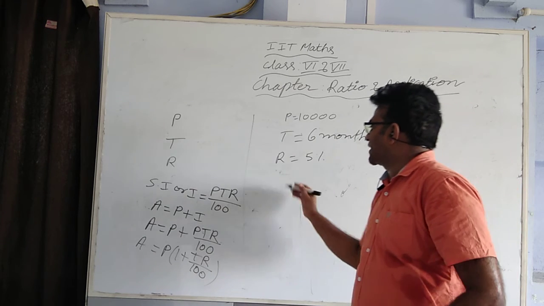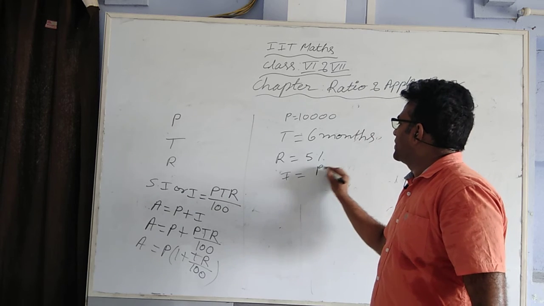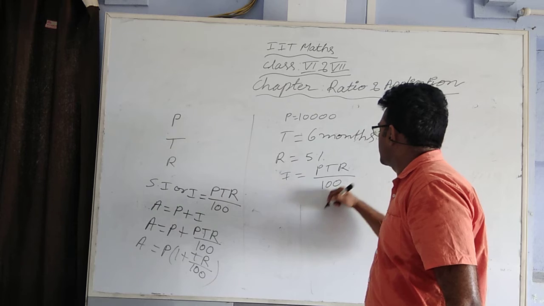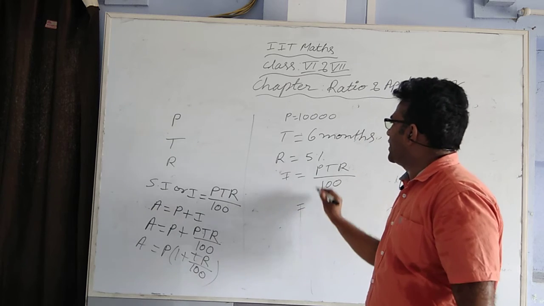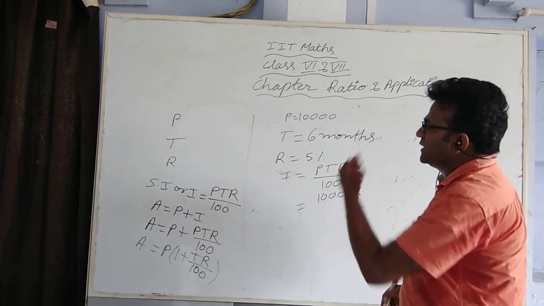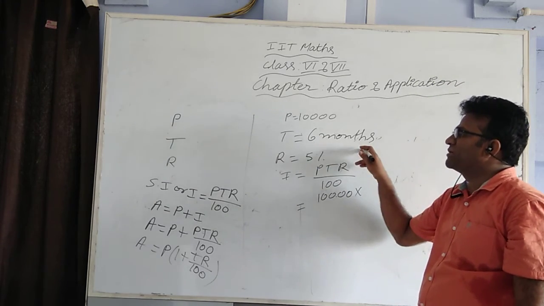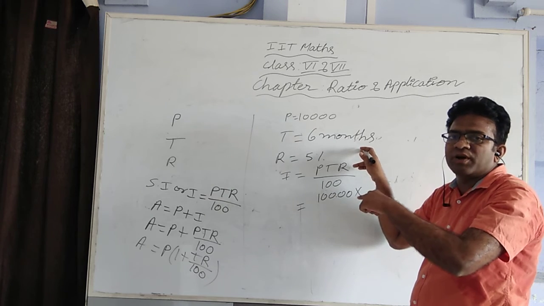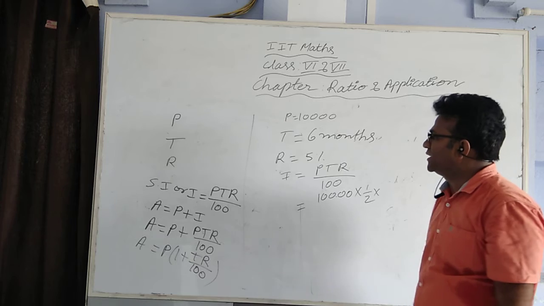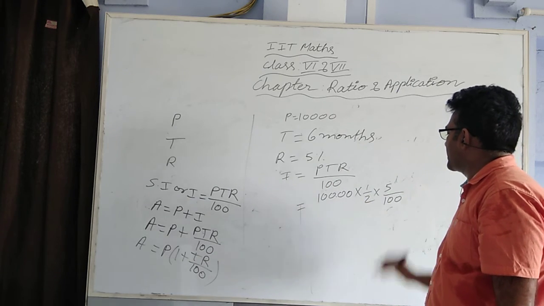Then I am going to calculate simple interest, I equal to PTR by 100. P is 10,000 into time. Time always should be in years. Here he has given months, so we have to convert months into years. 6 months is equal to 1 by 2 year, into rate of interest 5, so 5 by 100.